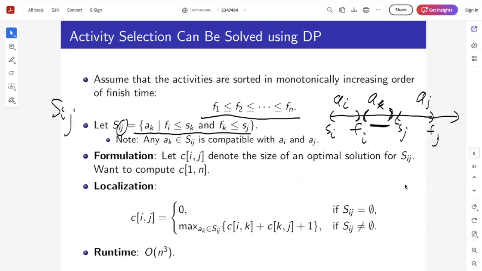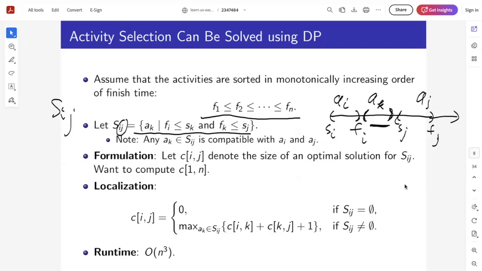Now, similar to solving any problem using divide and conquer, we are going to first look at how we can solve this using dynamic programming, and then proceed to figure out whether we have an easier selection of subproblems.